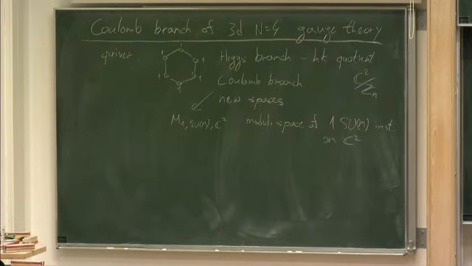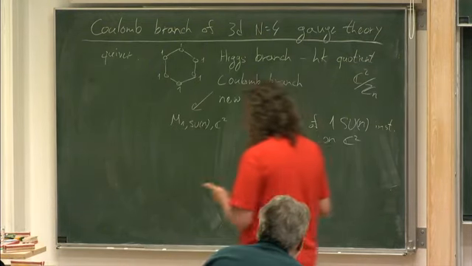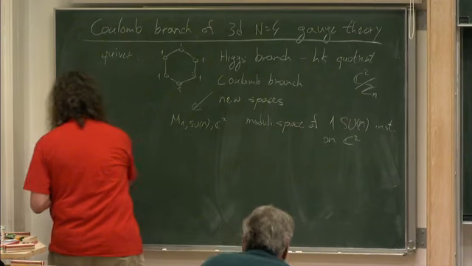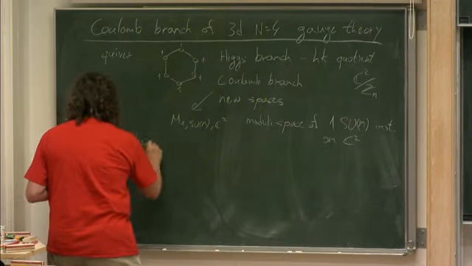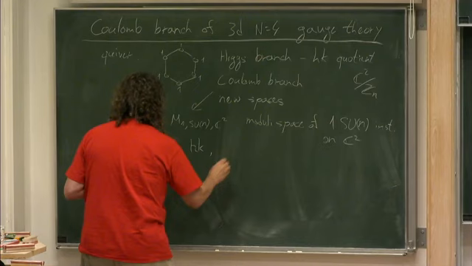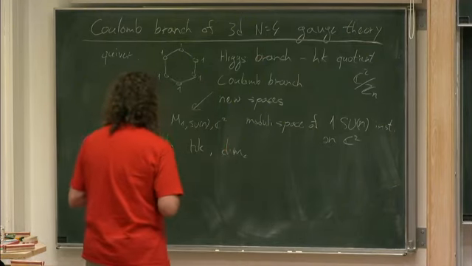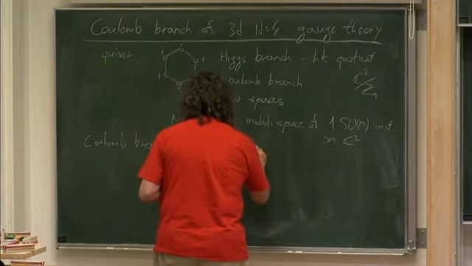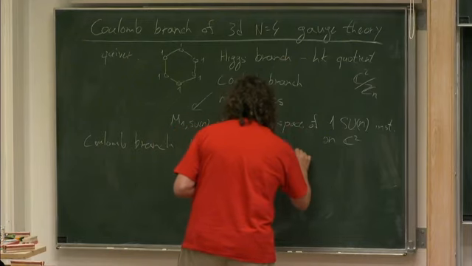Now, so let's try to look at this construction of a Coulomb branch. It's always a hyperkähler, and it has dimension, and I'll write the complex dimension, which is equal to twice the rank of the gauge group.